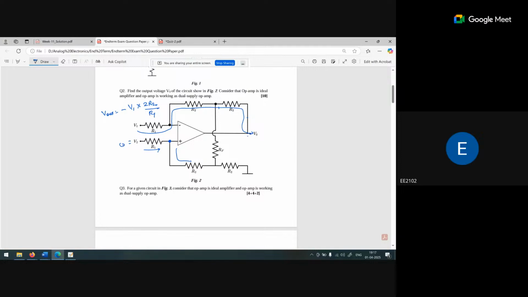Okay. When we are considering the V2 voltage, here V1 is 0. What is the feedback circuit?